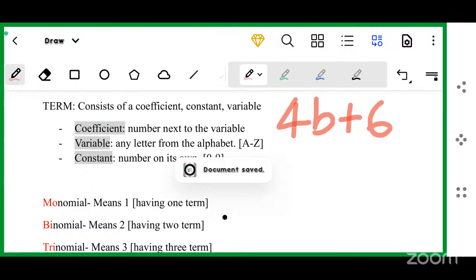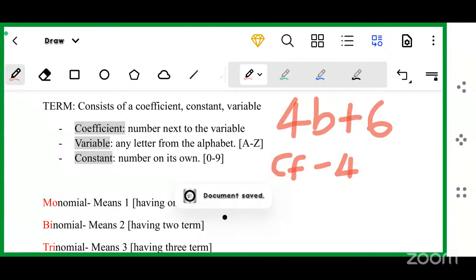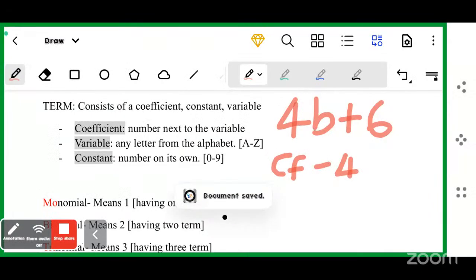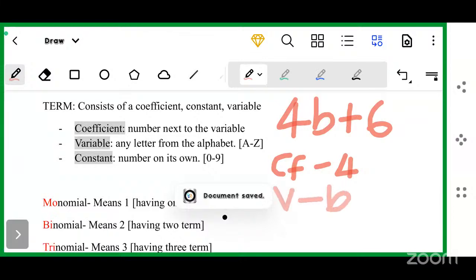Which one do you think is the variable? Ma'am, is it the b? Perfect, the variable is b. And the last one, which one is the constant? 6, ma'am. Perfect. 6 is also positive.